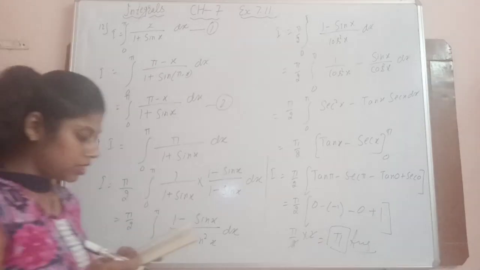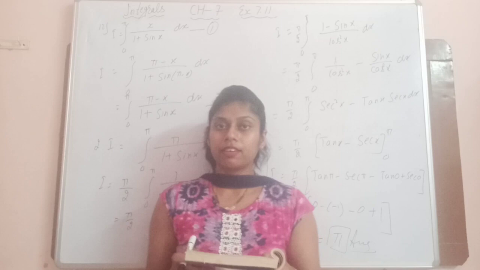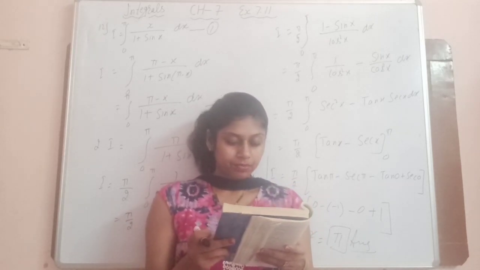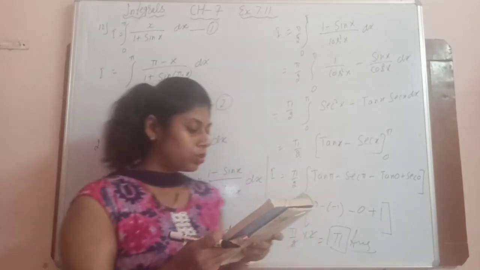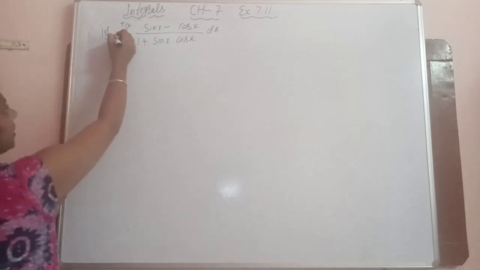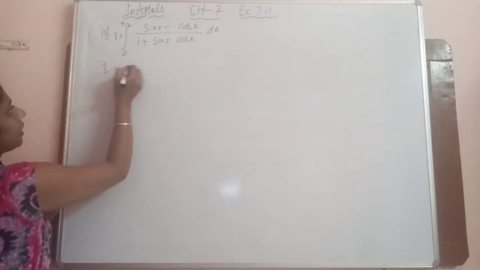Now the 13th question is the same. You have to check whether this is an even function or an odd function. 14th again the same. Next we will do question number 15. In the 15th question we will apply the result sum of the limit minus x.